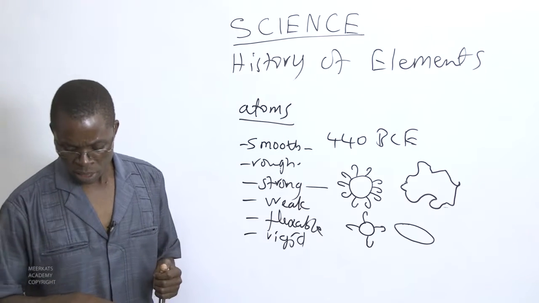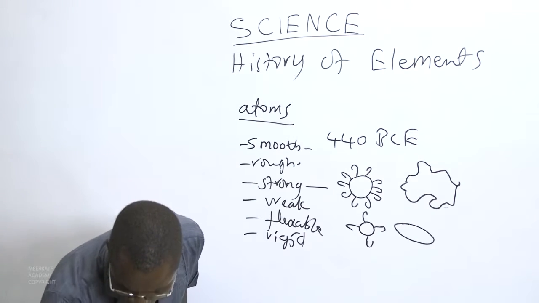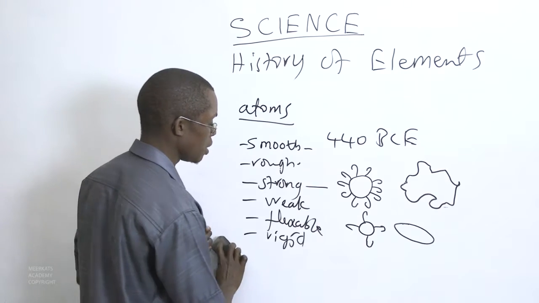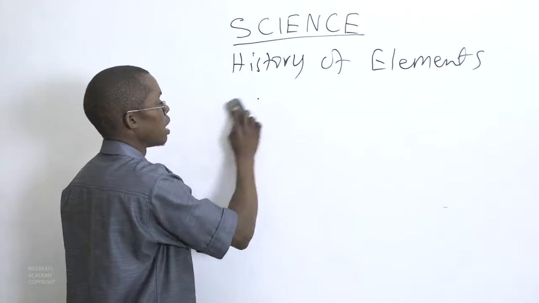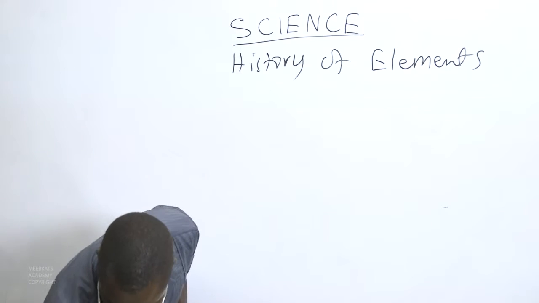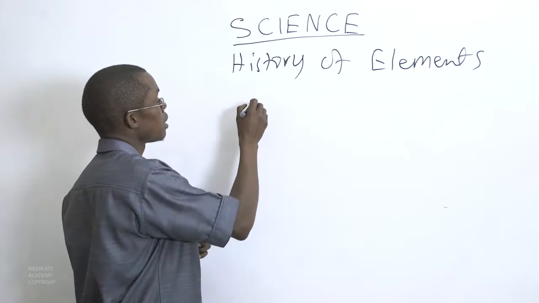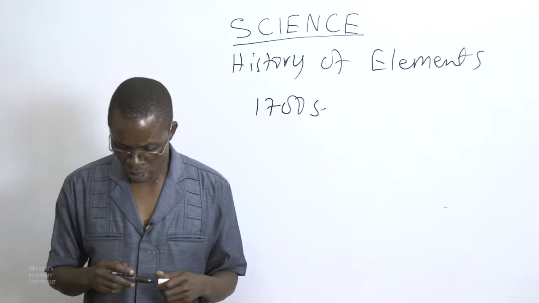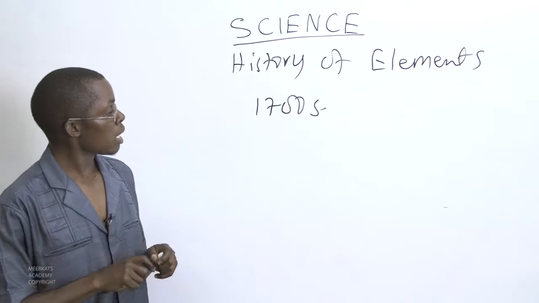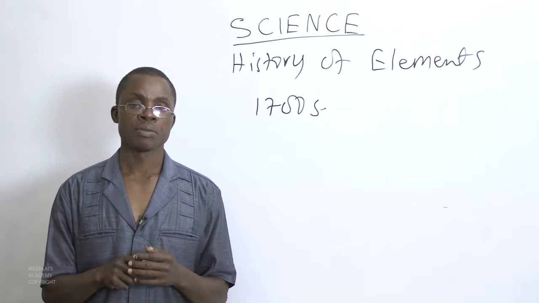The other advancement, or some bit of advancement, was done in the 1700s. Now this is a bit more realistic advancement. In the 1700s, these are mostly the alchemists.